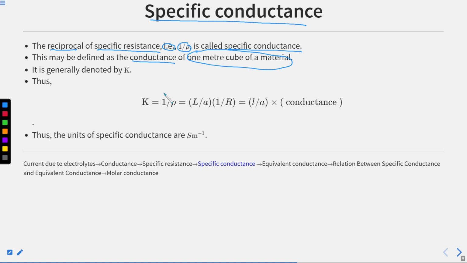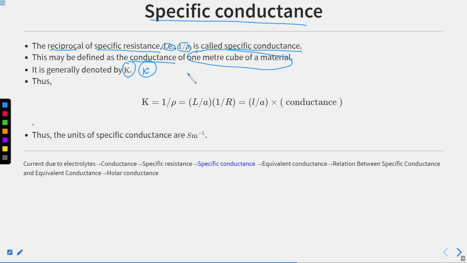Now it is denoted by kappa. It is not K, this is kappa. So this kappa is the notation of the specific conductance.